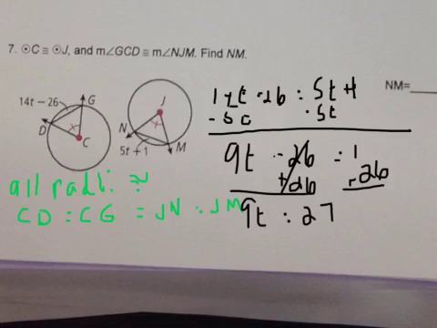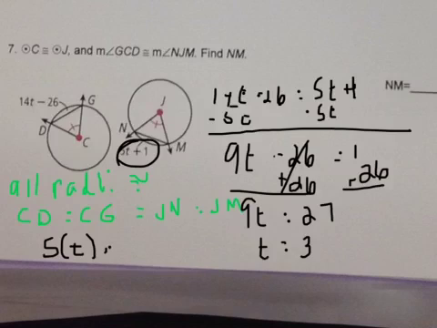And if I divide both sides by 9, I get t is 3. Okay? So if t is 3, and they want to know how long NM is, I just have to plug 3 in for t. 5 times t plus 1 would be 5 times 3 plus 1, which is 16. So the length of NM over here at the side is 16.